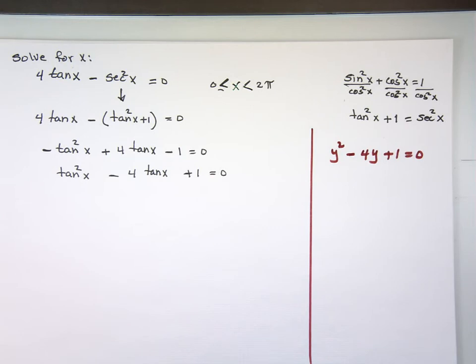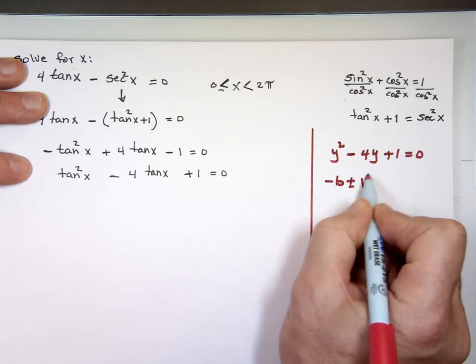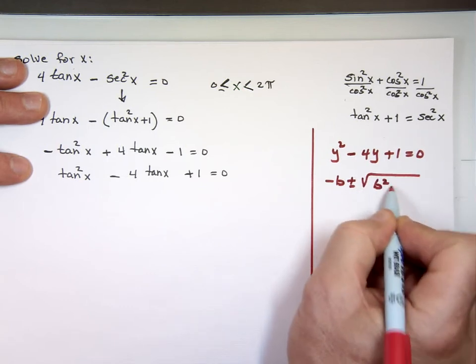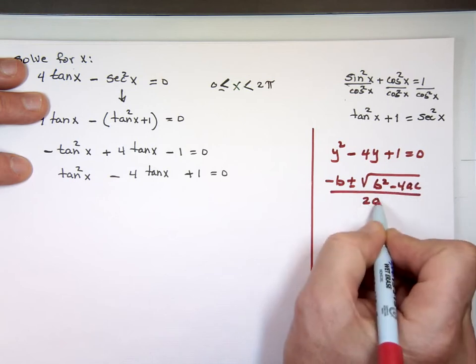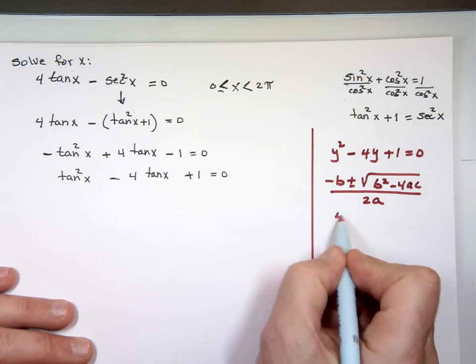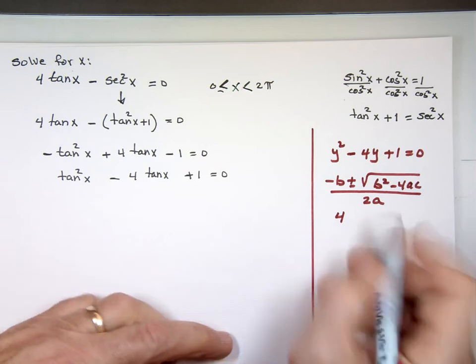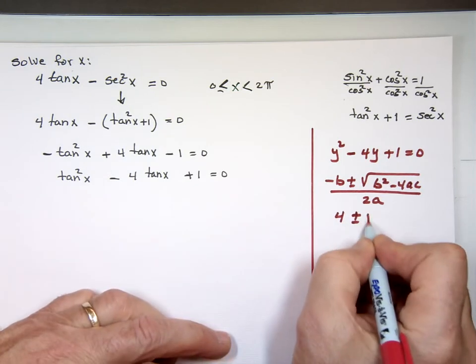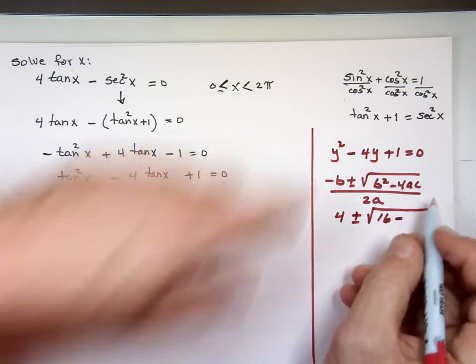Now this one. Quadratic formula, absolutely. Minus b plus or minus the square root of b squared minus 4ac divided by what? 2a. That'll be 4. b is minus 4. That's 4 plus or minus negative 4 when you square it, that's 16 minus 4 times 1 times 1.